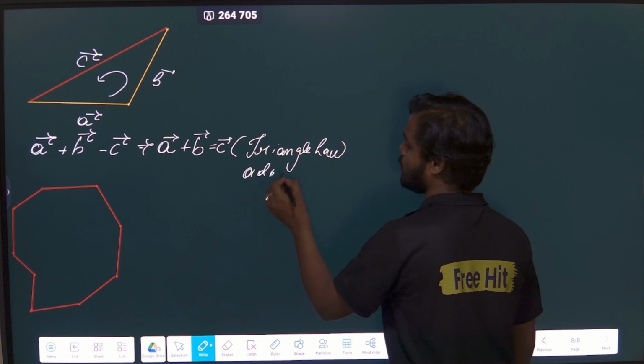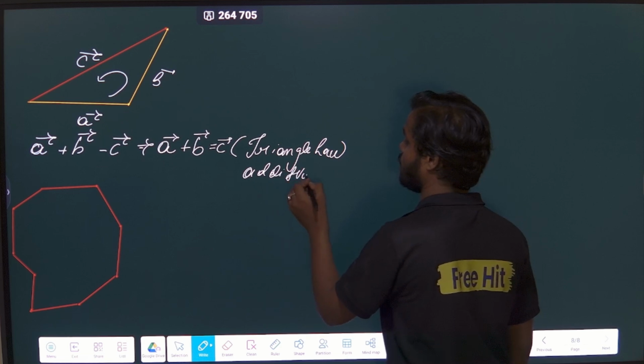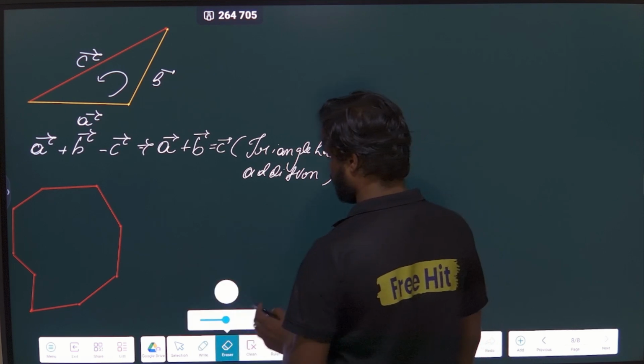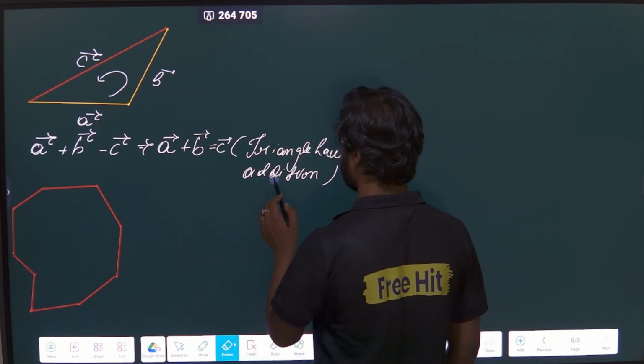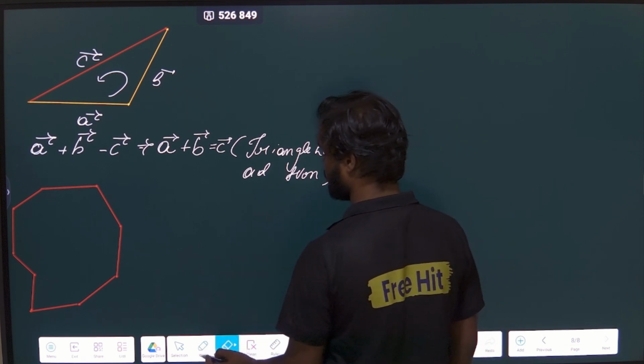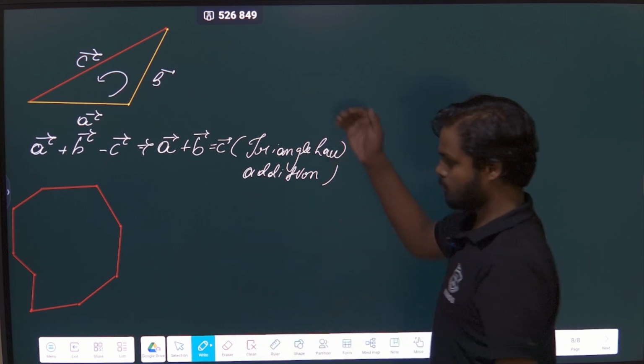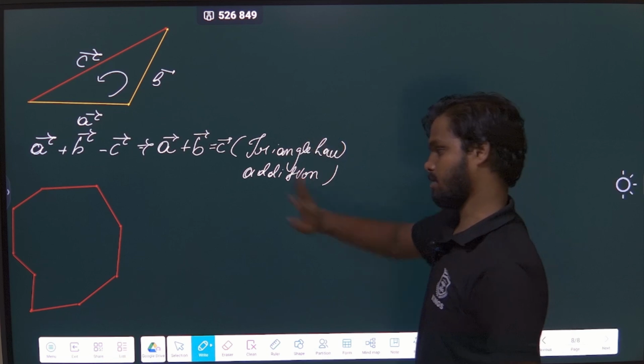A lot of children are confused about how to apply the triangle law of addition. Now you will never be confused. Just mark a circle and then simply move inside the circle. Which is along the direction of movement, write it as plus, which is opposite to the direction of movement, write it as minus. Simple.